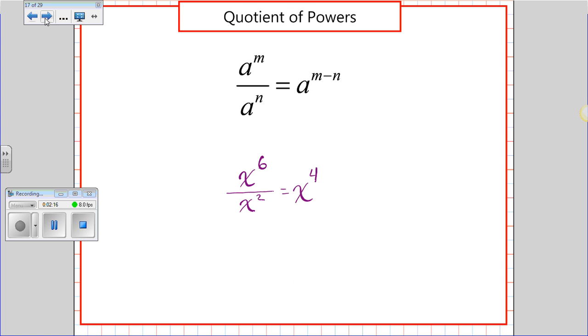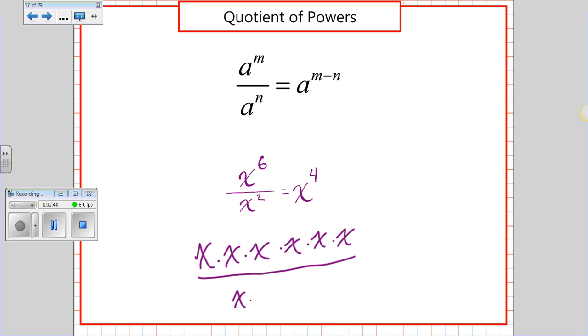All right, the next one is called the Quotient of Powers rule, and it follows the same type of pattern. If instead of multiplying, you're dividing, then instead of adding the powers together, you should subtract them. So here's a quick and easy example. If I have x to the 6th over x squared, that really means 6 x's multiplied together over 2 x's multiplied together.